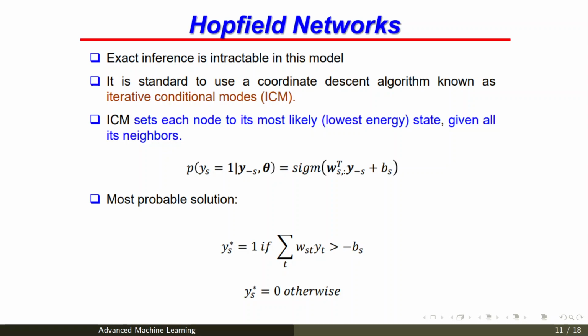This is the model in terms of a sigmoid function. Probability of y equal to 1 given y minus s comma theta is a sigmoid function. So this model actually has an exact solution.